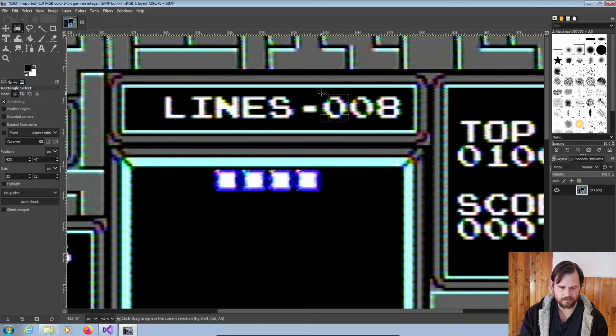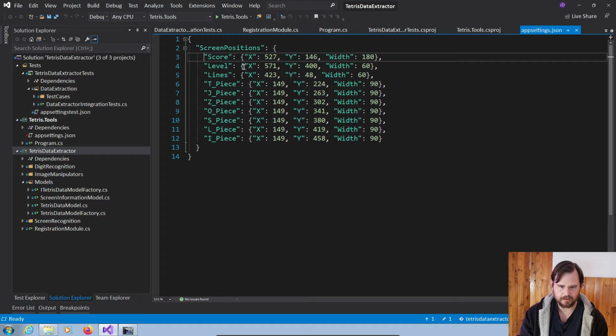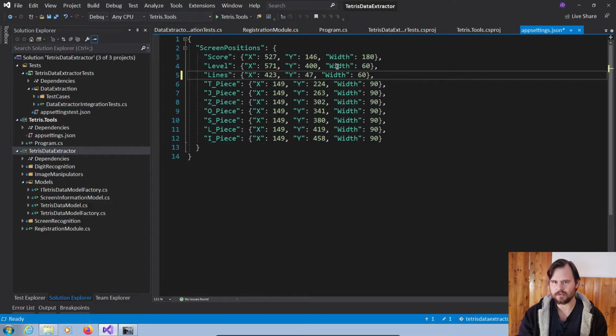This pixel up here is 423, 47. So let's open up here, get my lines. 423. Oh, that's the level. Whoops. Oh, look at this. 423, right, 47. So we're going to say this is 22 pixels for each character, and the height is going to be 22.